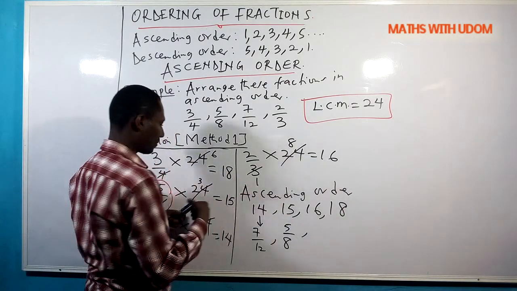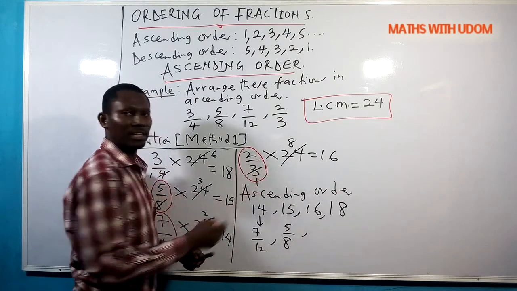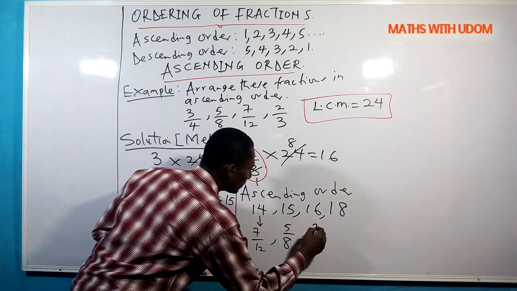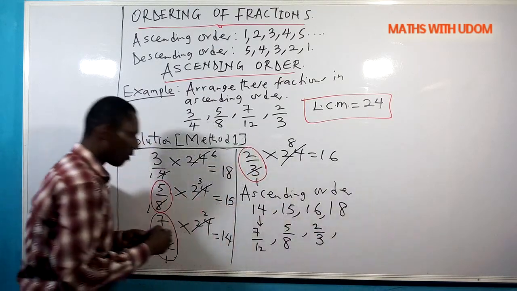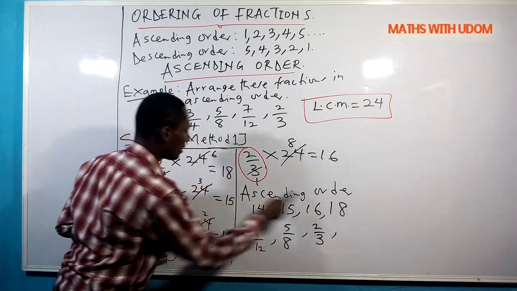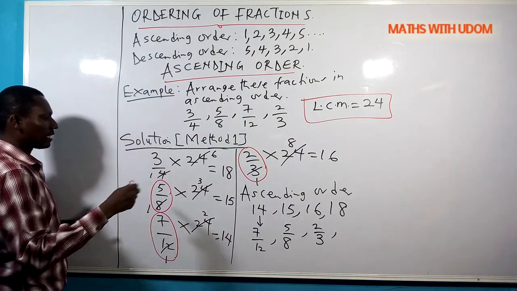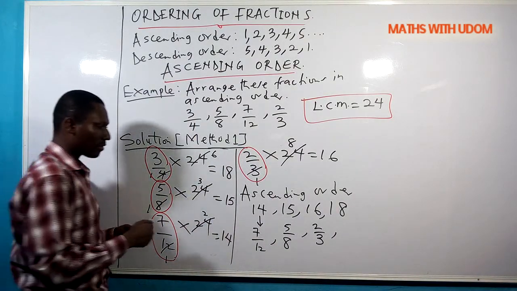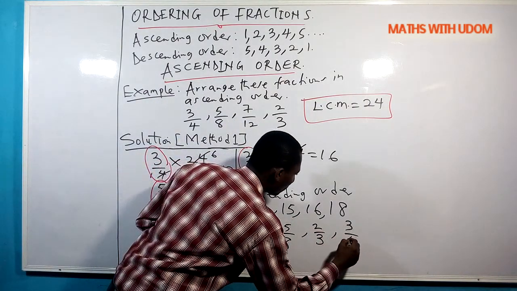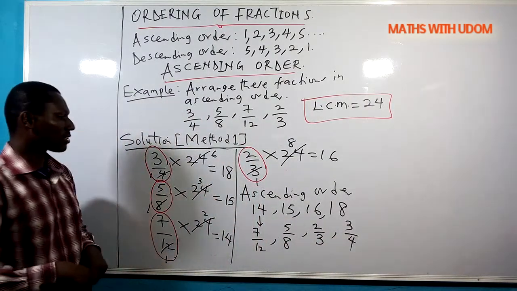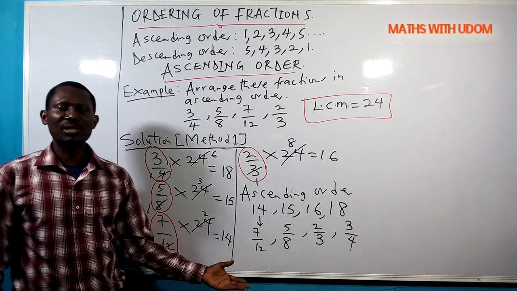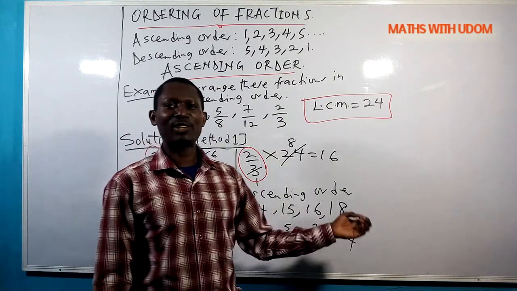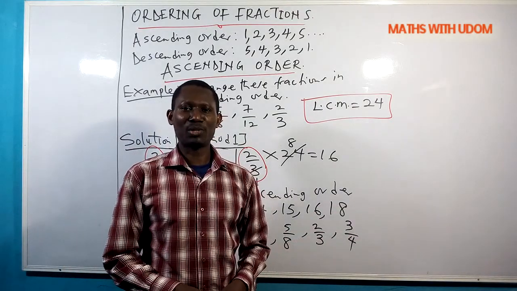This 16. 2 over 3 gave us 16. So we write 2 over 3. And what fraction gave us 18? This 18 here. The fraction that gave us 18 is 3 over 4. So we write 3 over 4 right there. So you can see that we have succeeded in arranging these numbers in what? In ascending order. And that is method 1.